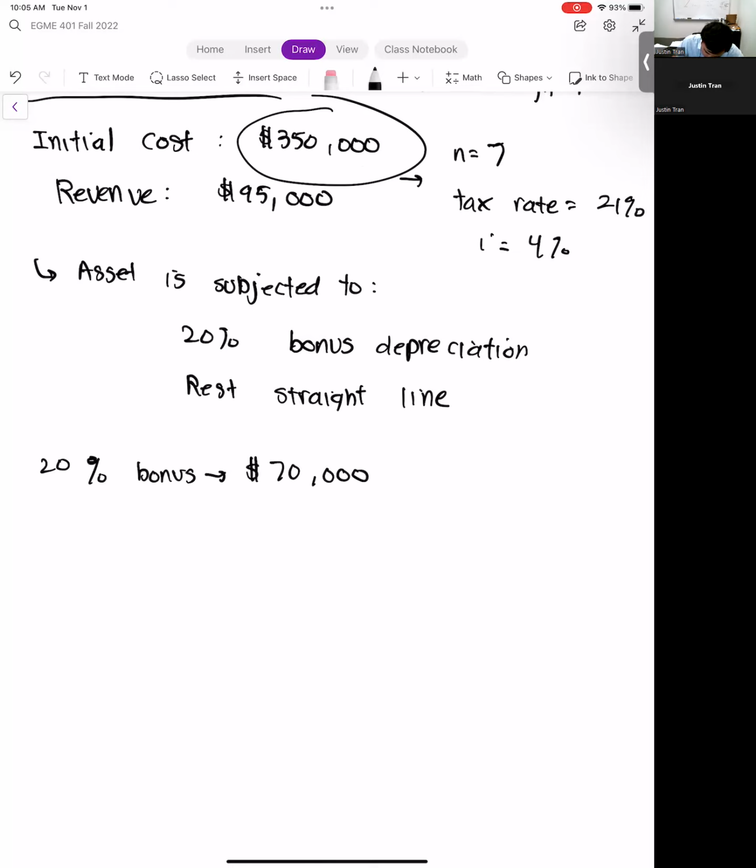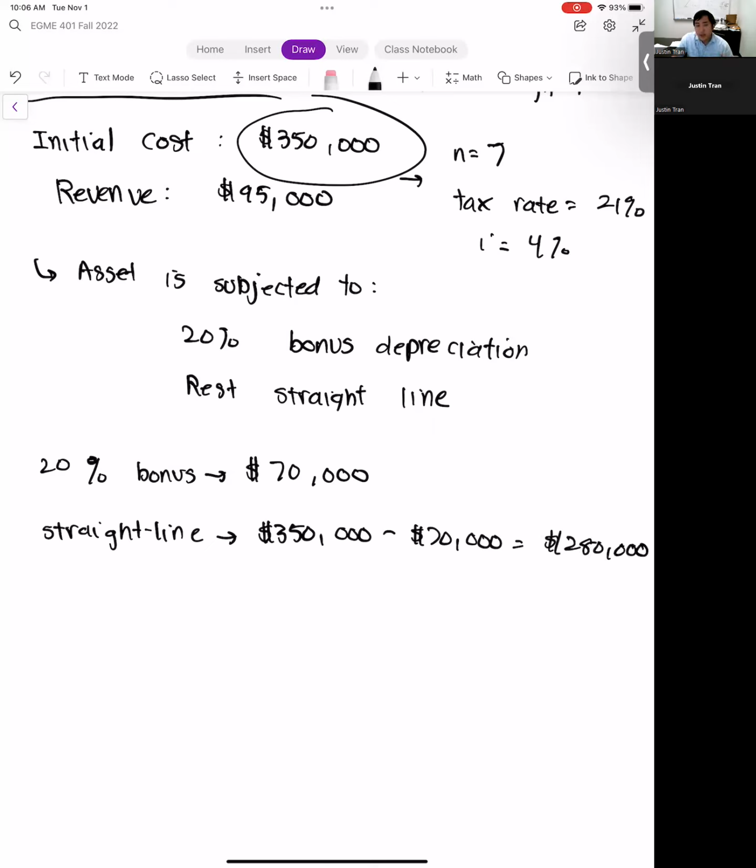Okay. And the straight line value is going to be based on whatever's left. And so if we take $350,000 and we subtract 70,000, what we're left with is $280,000. Okay.